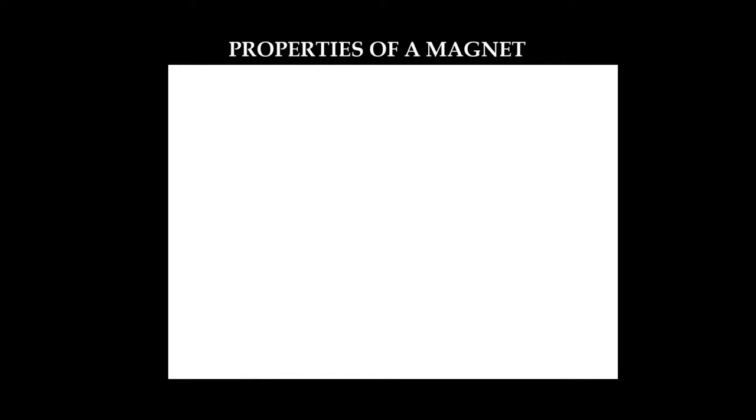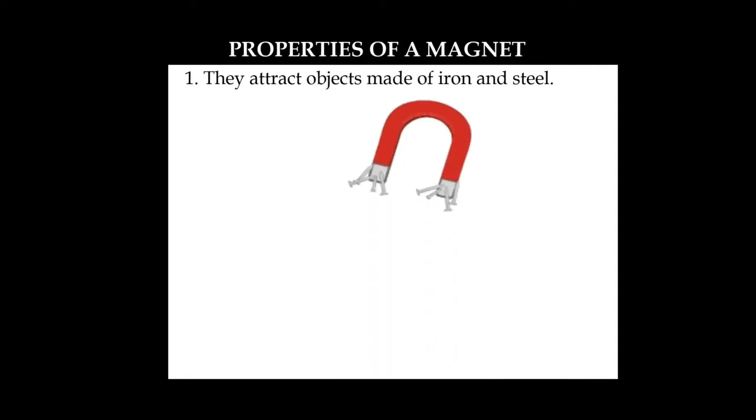Now let's see about the properties of a magnet. Look at here. They attract objects made of iron and steel. That means magnets always attract the materials which are made of iron and steel.